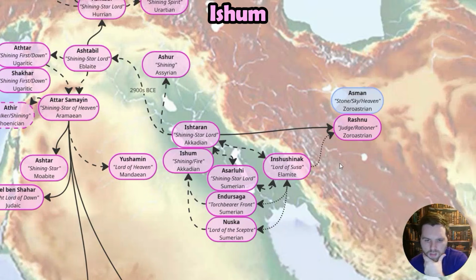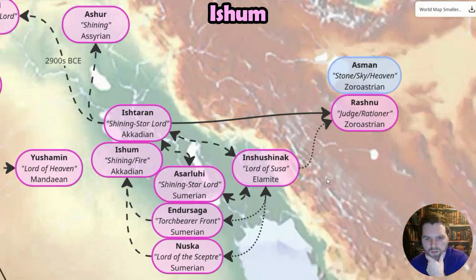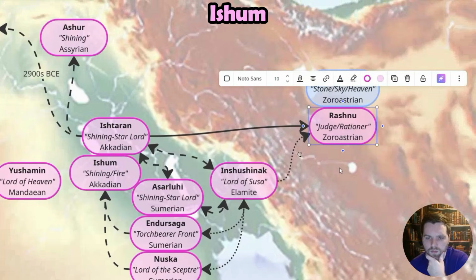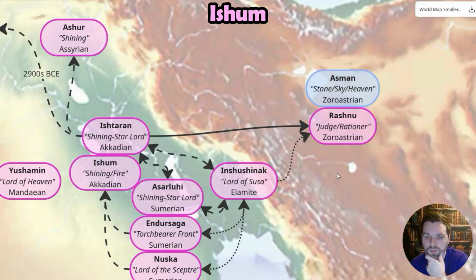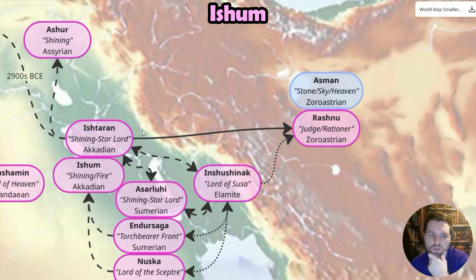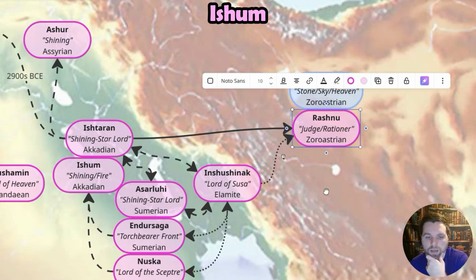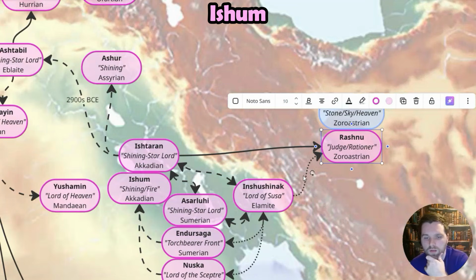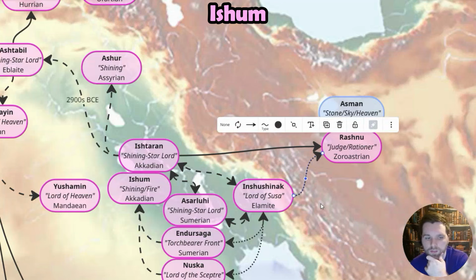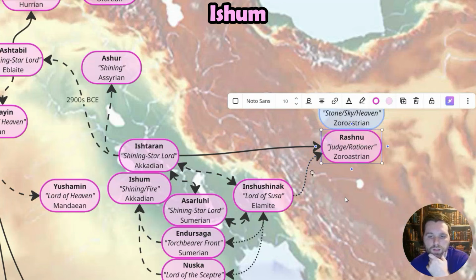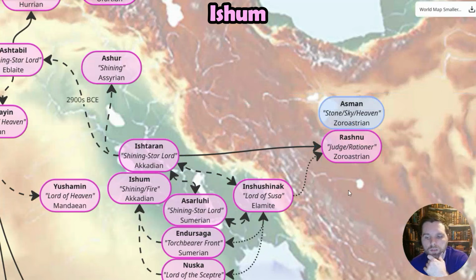And also I mentioned that the Elamite is a substrate in later Zoroastrian Iranian religion. So we can see Rashnu having potential aspects as a judge of the dead, like in Shushinak, and as a judge and a rationer, like Ishtaran is.